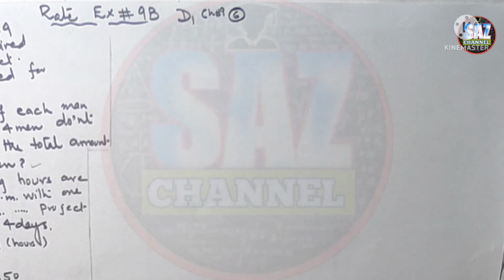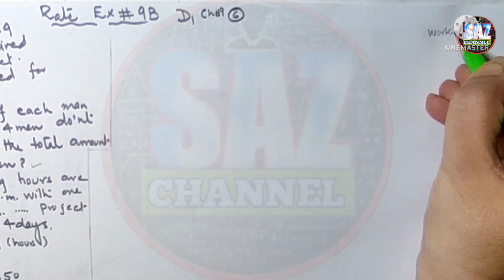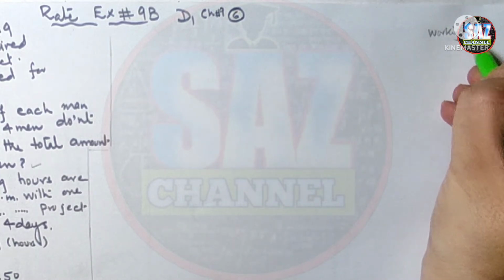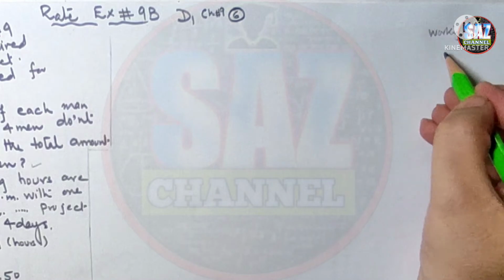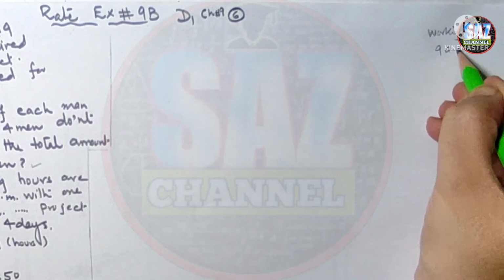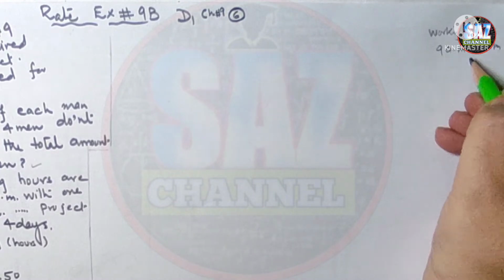The question says the normal working hours are from 9 a.m. to 6 p.m. Working hours, let's make a rough sketch. Working hours are from 9 a.m. to 6 p.m. with a 1 hour lunch break.